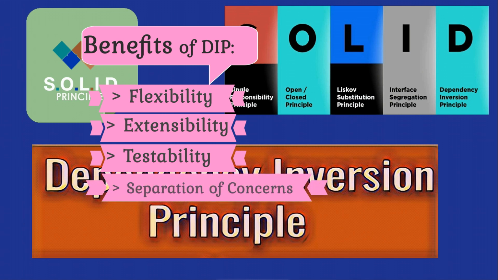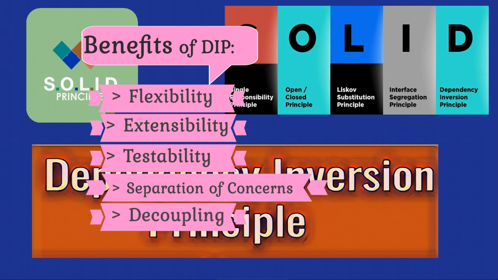Separation of concerns. DIP promotes a clear separation of concerns between high-level and low-level modules, leading to a cleaner and more maintainable code base. Decoupling. By using interfaces or abstract classes, you decouple the different parts of the system, which reduces the risk of cascading changes when modifications are made.